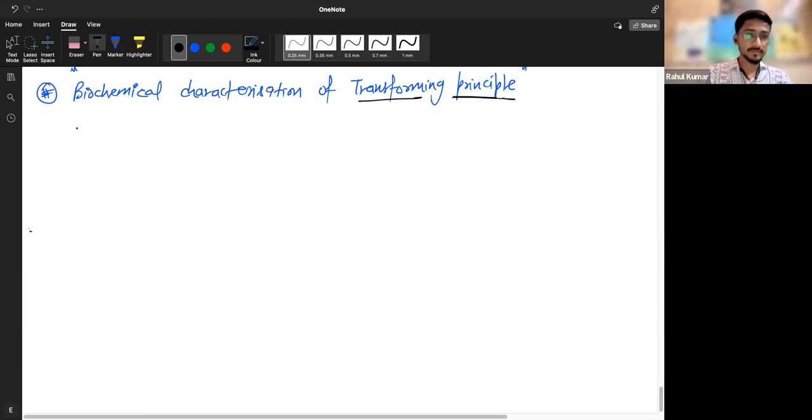So there were 3 people, it's called the Avery, MacLeod and McCarthy experiment. Their names were Oswald Avery and Colin MacLeod, I think it's MacLeod if I'm not wrong, MAC, and McCarthy, in this you have MC.